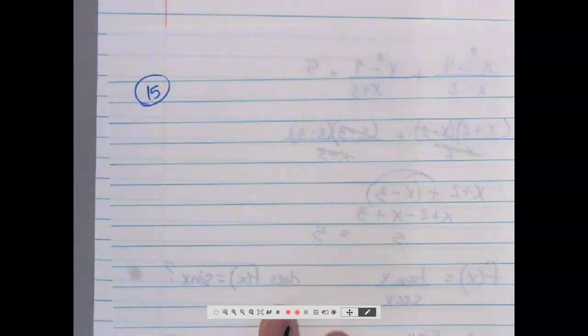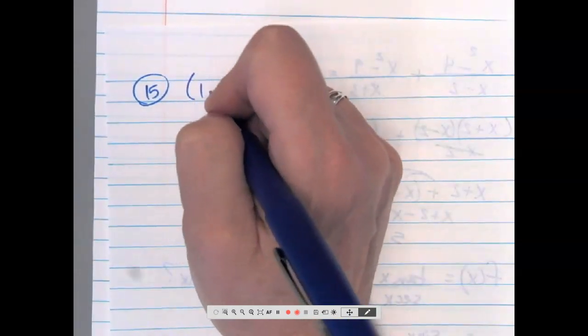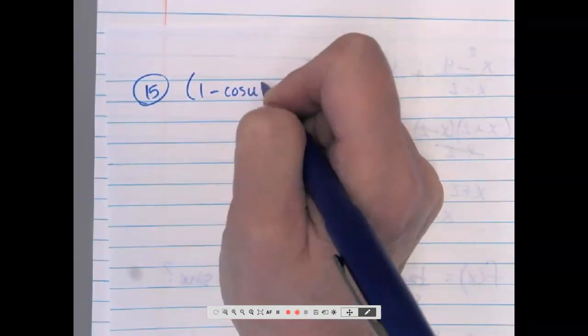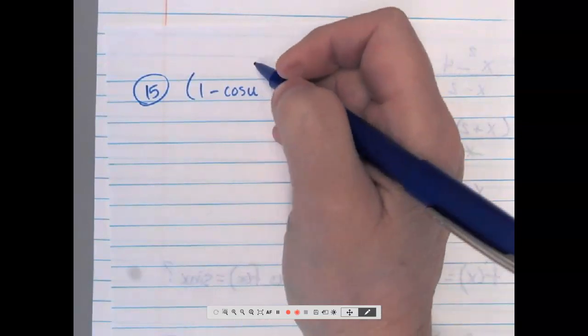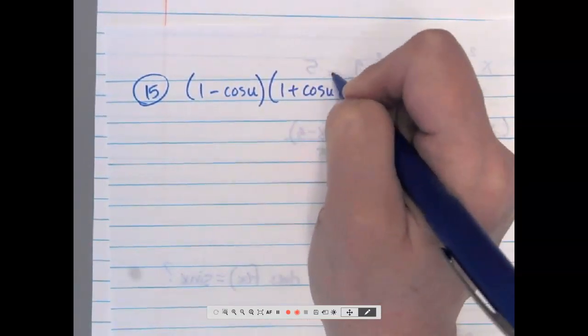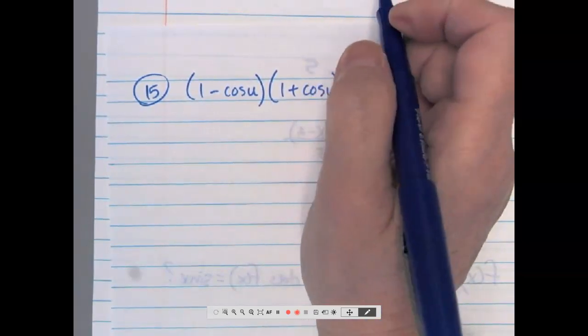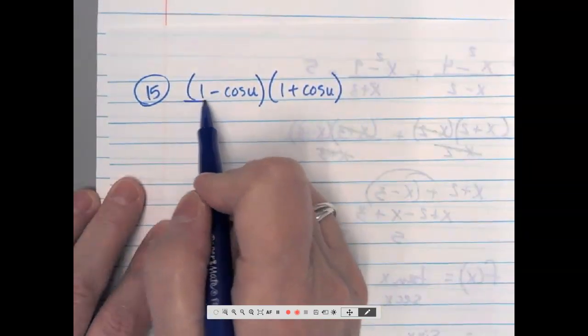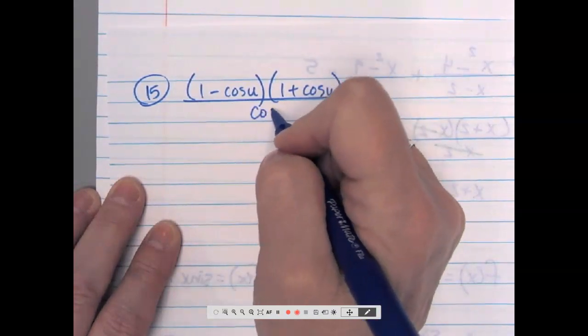Okay, directions are just prove the identity. 1 minus cosine u times 1 plus cosine u over cosine squared equals tangent squared.